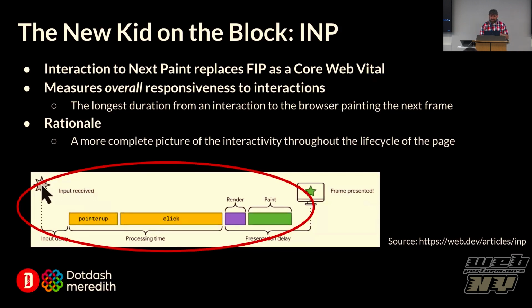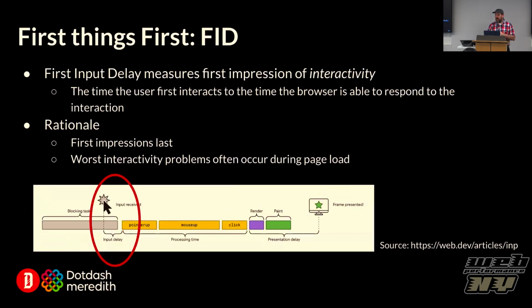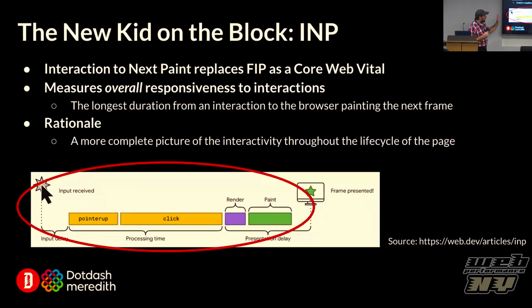So we kind of move from first to worst. You can see a difference over here. Here's the input, click, idle, and things continue. This little region in red is where our first input delay is. And that big red circle is what INP is measuring.